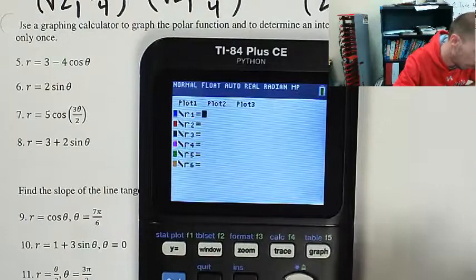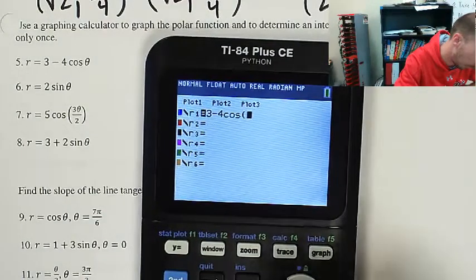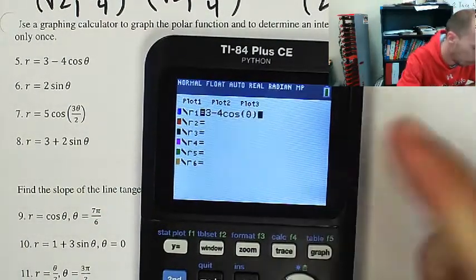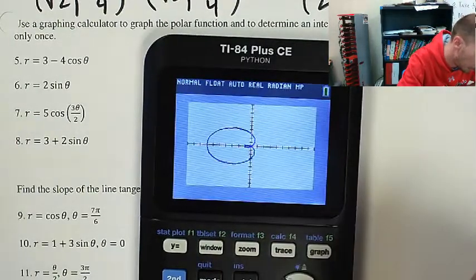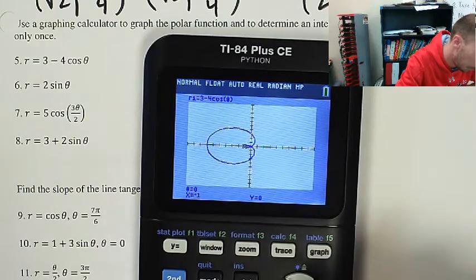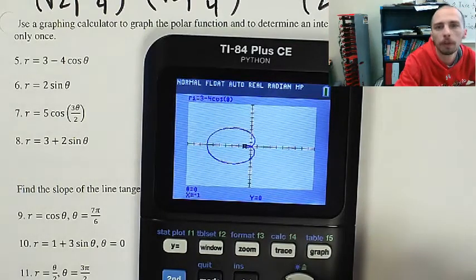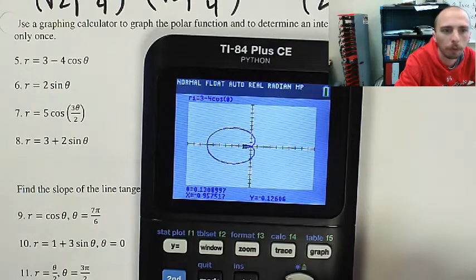But I'm just going to go in here, 3 minus 4 cosine theta in polar mode. Make sure my window's good, 0 to 2 pi, kind of standard window. And it looks like, well, okay, we're tracing, and this time I'm going to do the pi over 24 trig.